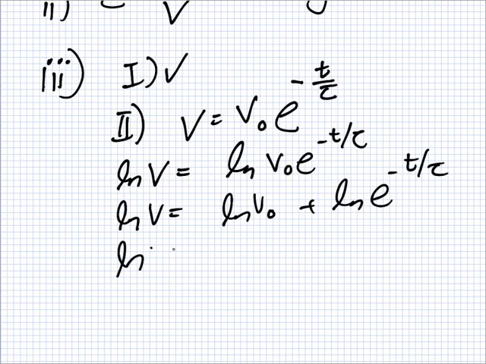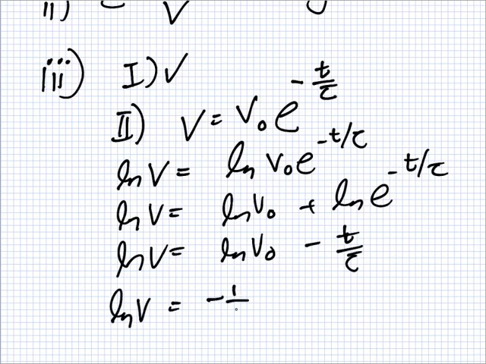So log V equals minus 1 over time constant times t plus log V0.